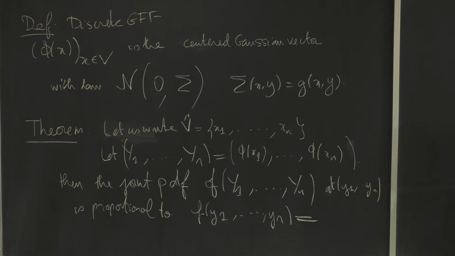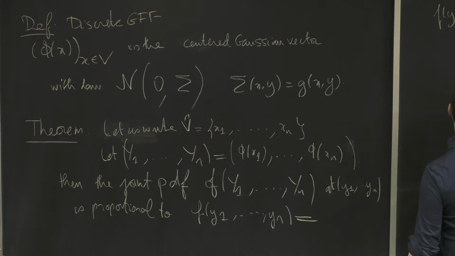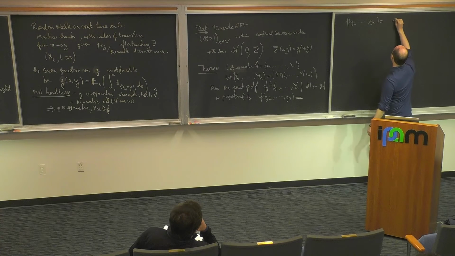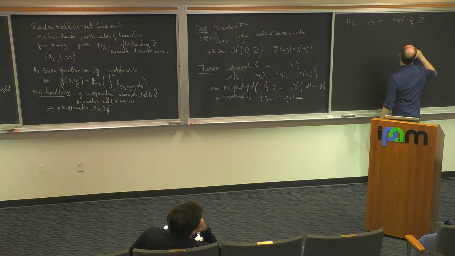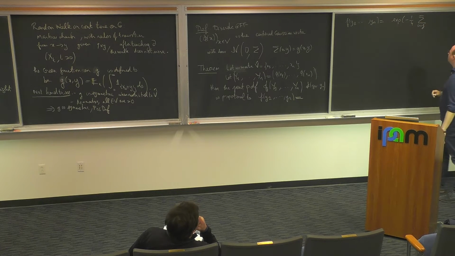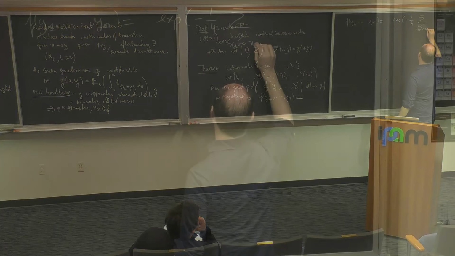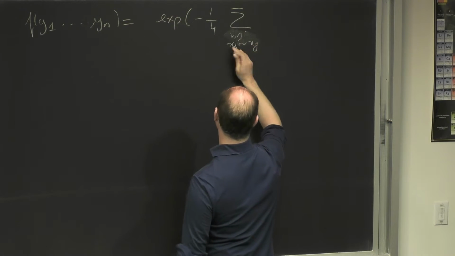So it's proportional to the exponential of minus a quarter sum over i, j such that xi is a neighbor of xj, or maybe I don't even need to write this.